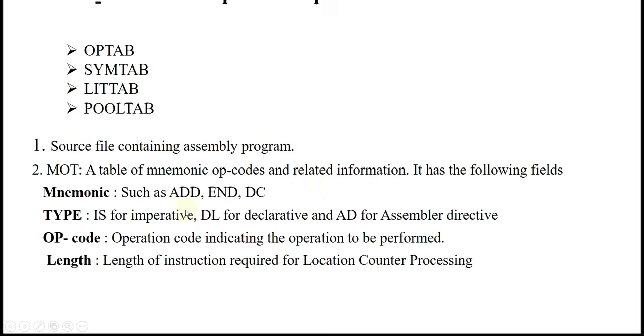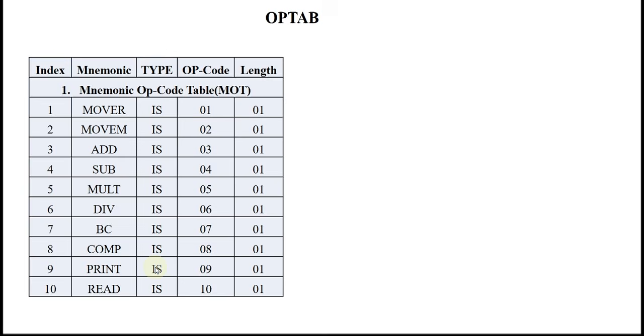Example: add, end, DC. The types of opcode tables are DL, assembly directive as AD, and opcode table length. We can see an example of the different opcode tables. First, the mnemonic opcode table.